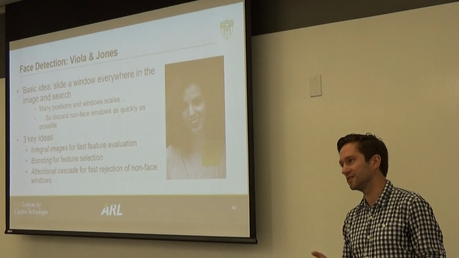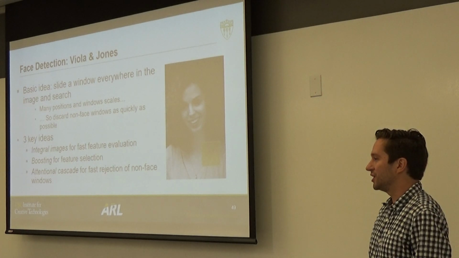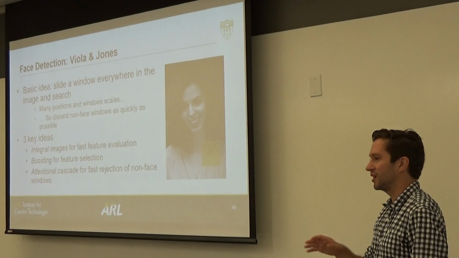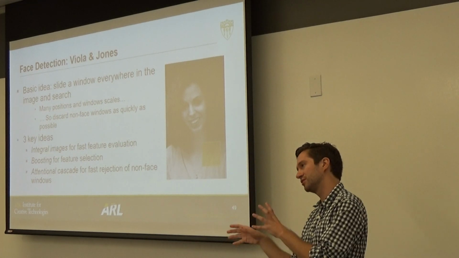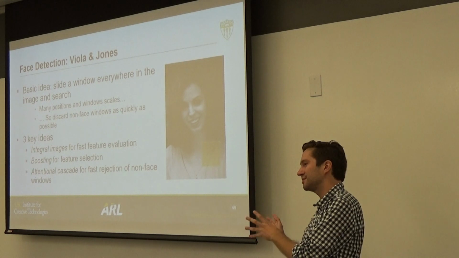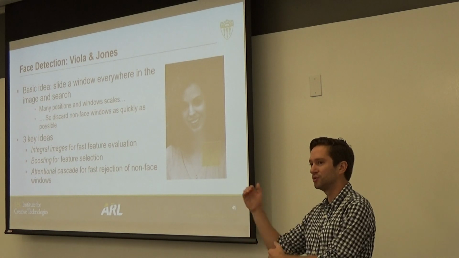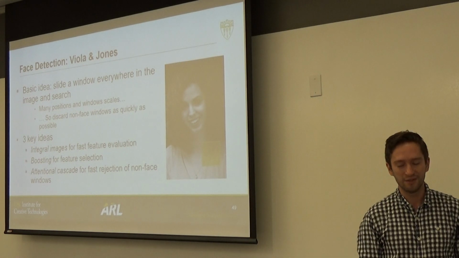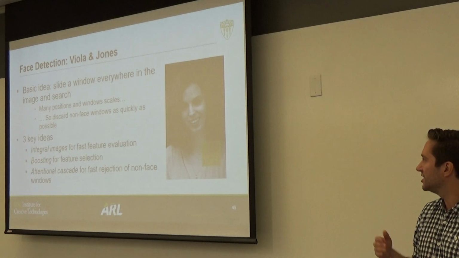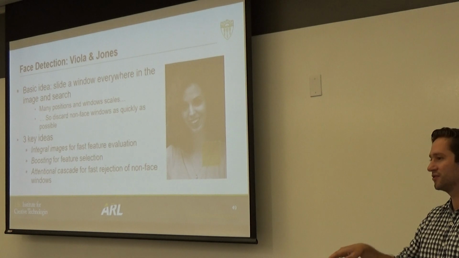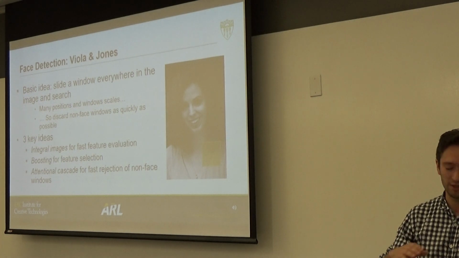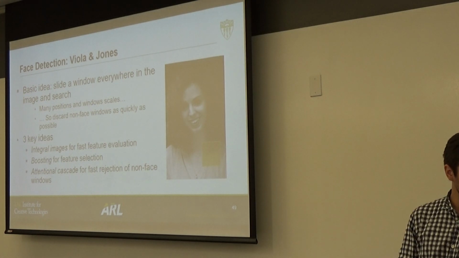So the main idea is we need to go very fast and we need to discard all the ones that are clearly not faces very fast. And then we can maybe go deeper and say, oh, well, maybe this is a face, I'm not entirely sure, let's go deeper. And now we can do more processing. But the basic idea behind this algorithm is make sure first that we remove lots of negative candidates. This is not a face, not a face.